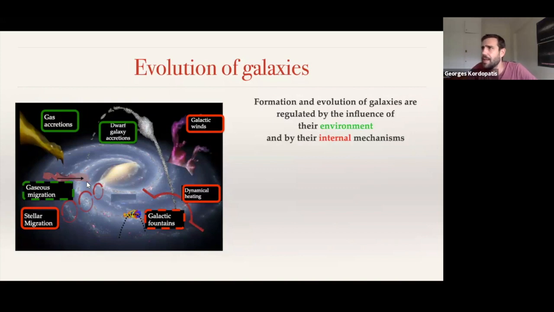But also what regulates the evolution of galaxies are internal mechanisms, such as galactic winds and galactic fountains, which will shuffle the gas content and the stellar yields in different regions in the Milky Way, and will also deplete the galaxies of their gas.